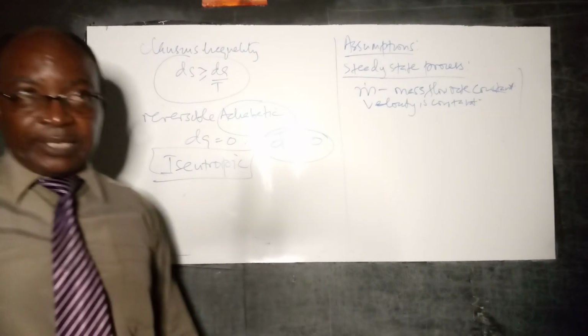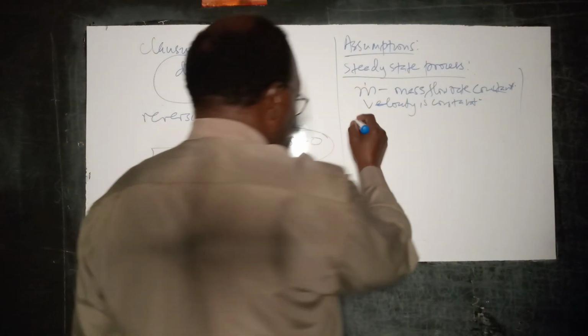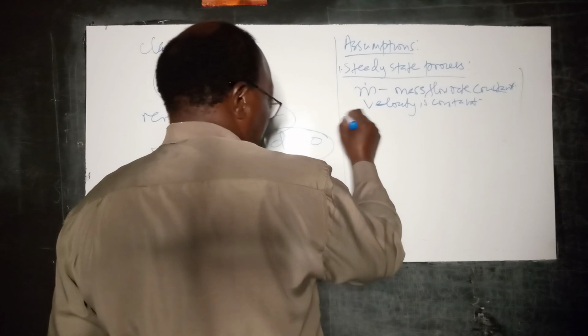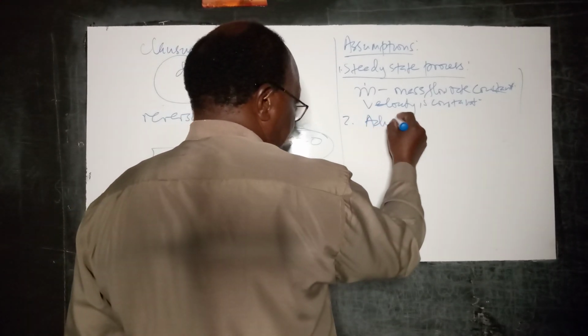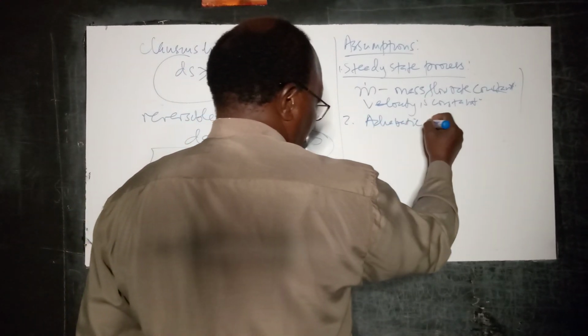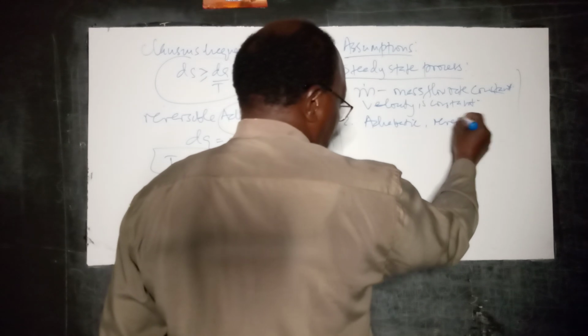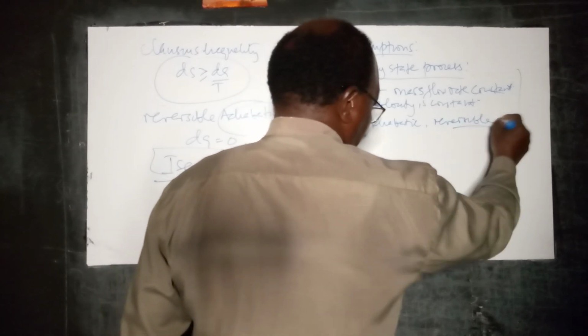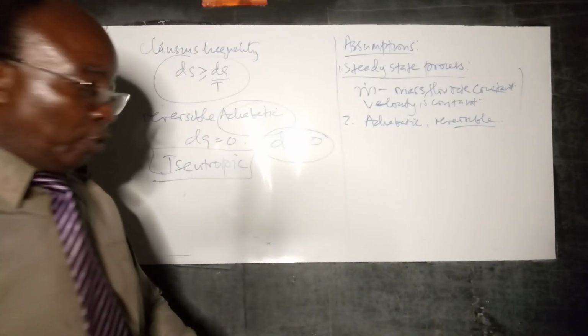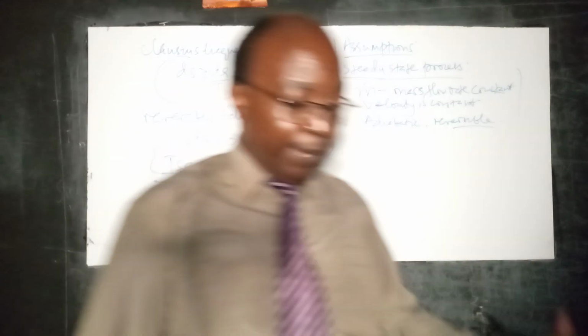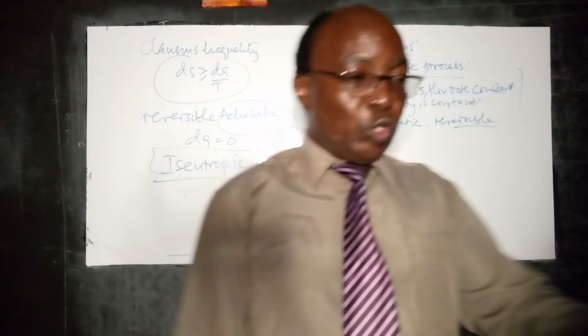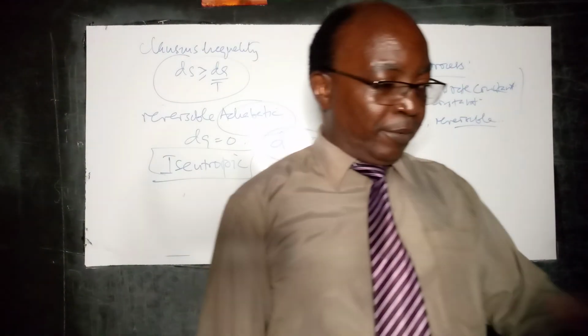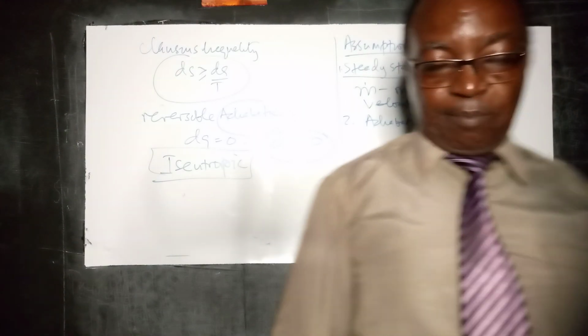Two, we have also assumed the system is adiabatic and reversible. But of course, when you go in depth in fluid dynamics, there are issues of stagnation, or what results in some shocks in the system, but we don't want to go that way for now.